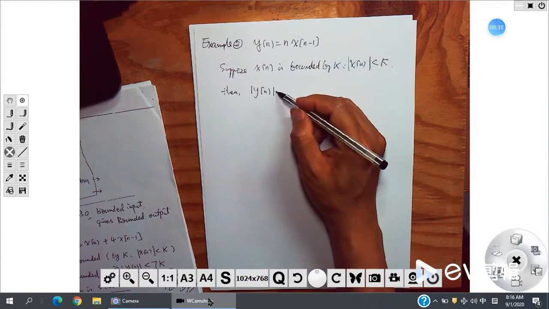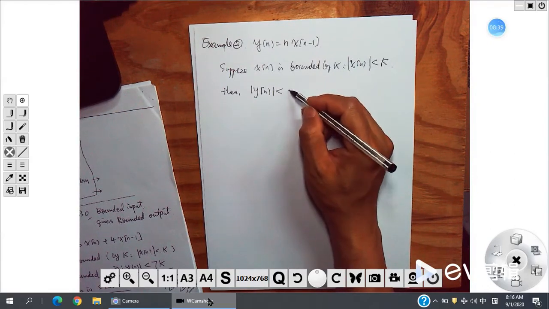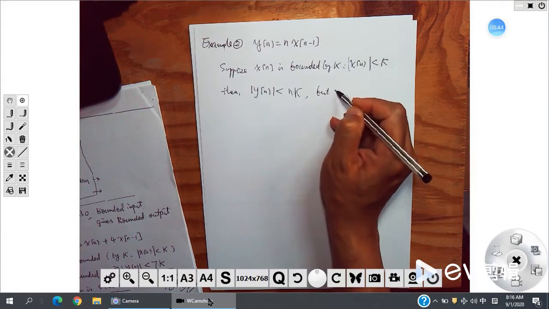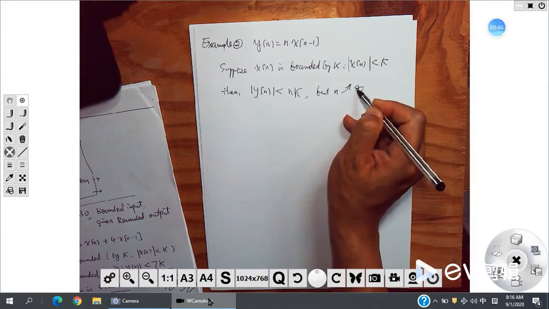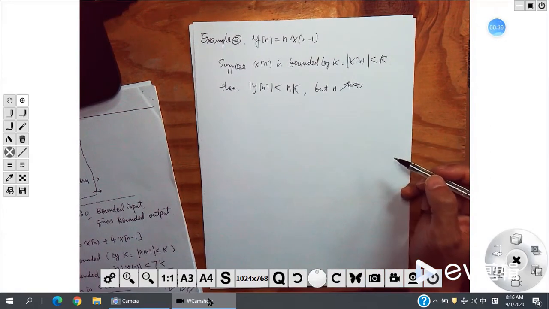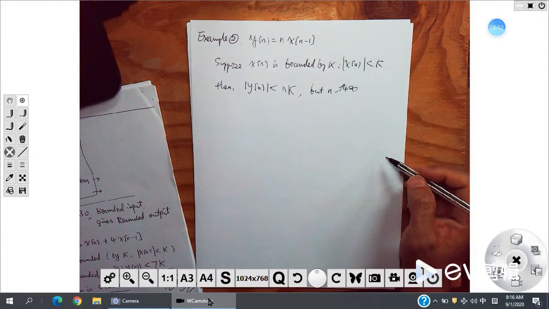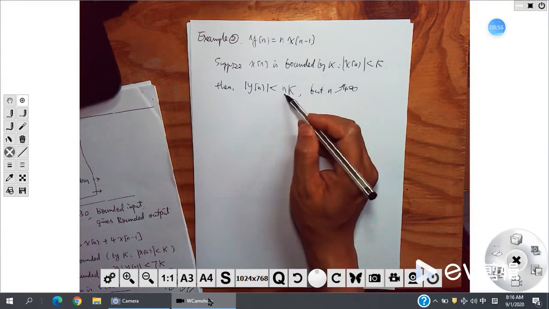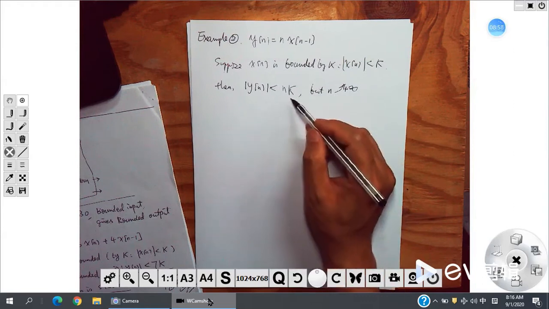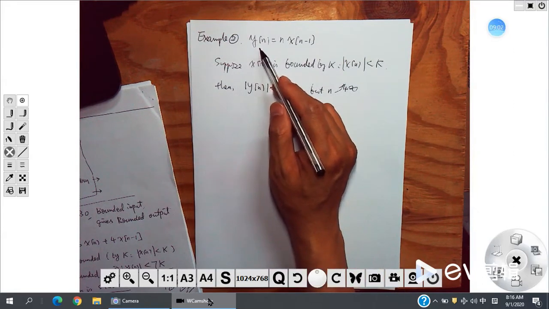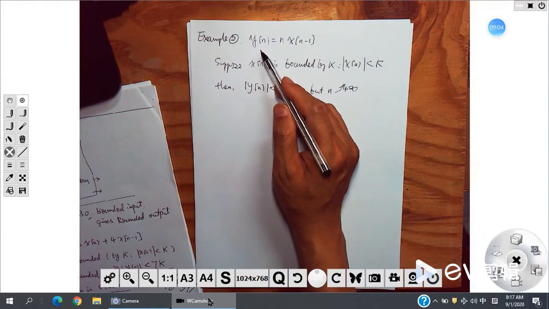This is n, so it's smaller than n times k, but n goes to infinity. So you can't have a bounded value, right? When n goes to larger and larger, the value of y will tend to be larger and larger, with no bound.